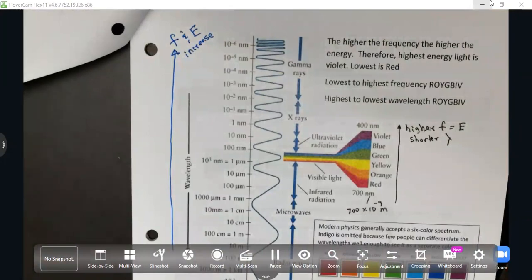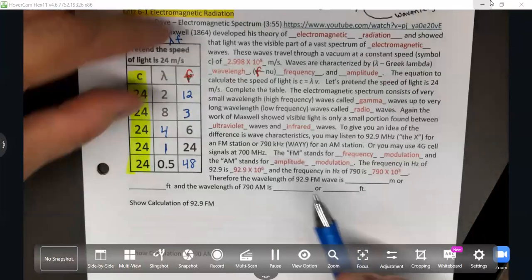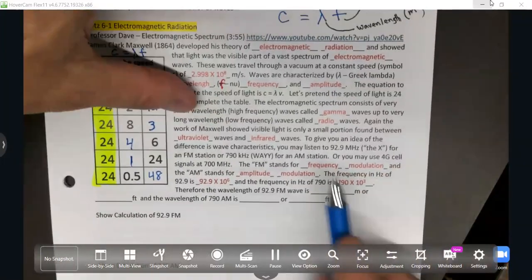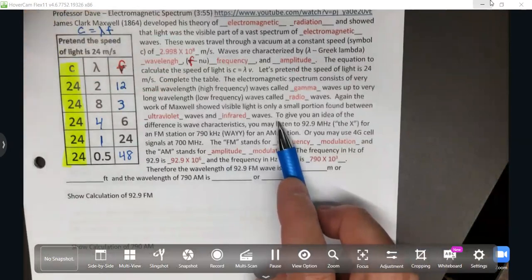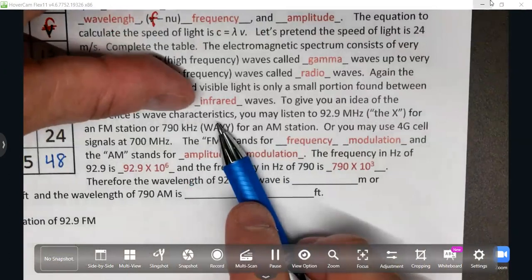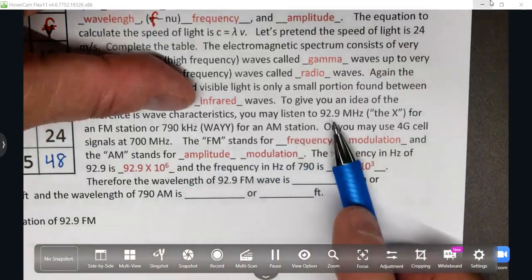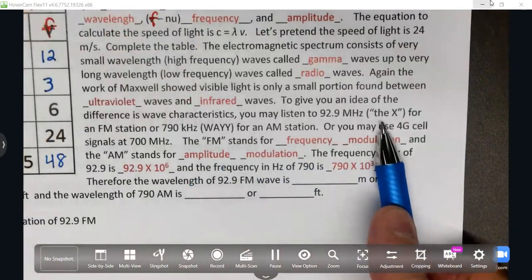Okay, so here's an example you can maybe relate to. To give you an idea of the difference in wave characteristics, you may listen to 92.9 DX. Anybody in here? Are you kidding me?